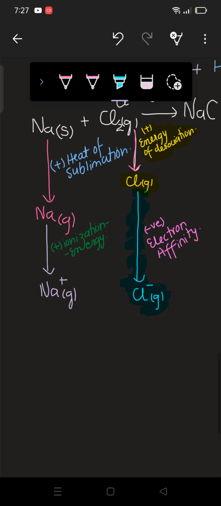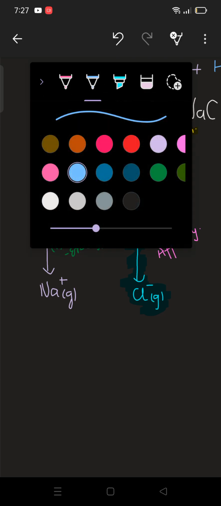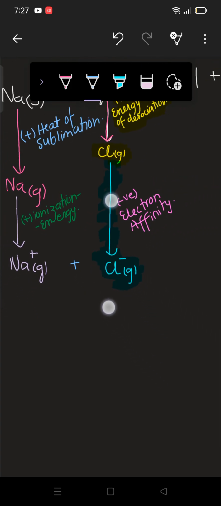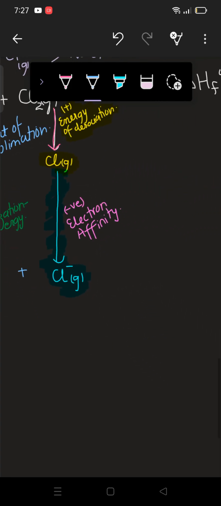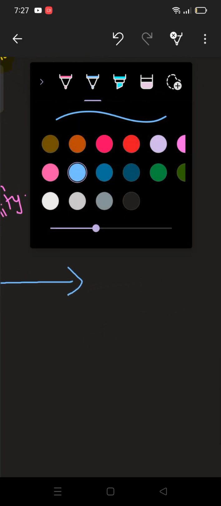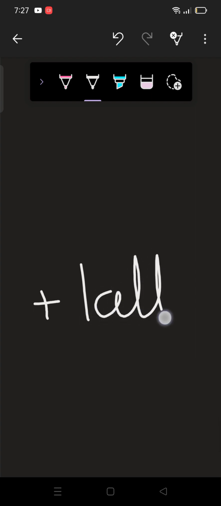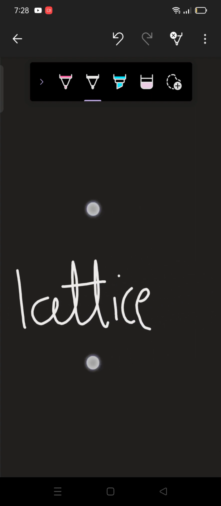Now see, this Na positive will react with Cl negative, both in the gaseous state. They will produce 1 mole of NaCl ionic compound along with lattice energy. This is what we discussed about lattice energy, right?